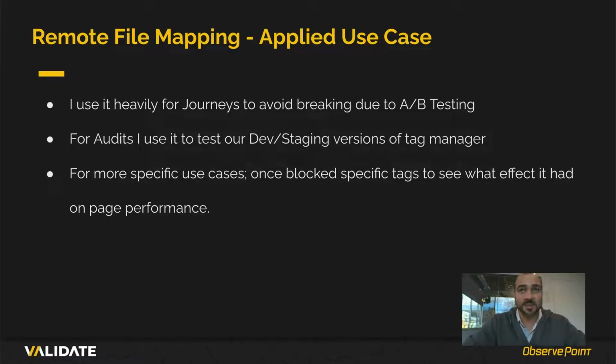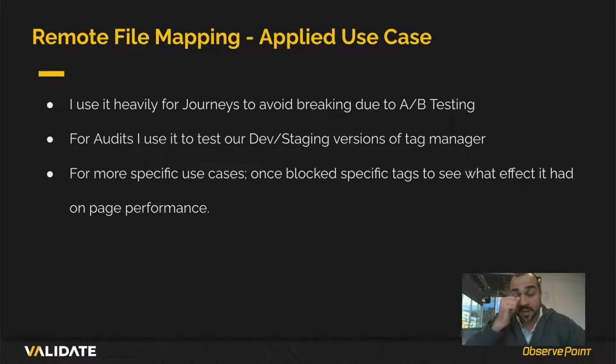One of the biggest use cases I've had is for A/B testing. I know we've talked a lot about audits here, but it's in journeys. Journeys is when you tell ObservePoint to go to a page, click on this CTA, fill out this form, and give it very specific instructions on what to do. Our A/B testing platforms kept moving the button or changing it or replacing it, and so my journeys kept failing. I went back and forth trying to figure out how to solve for this.